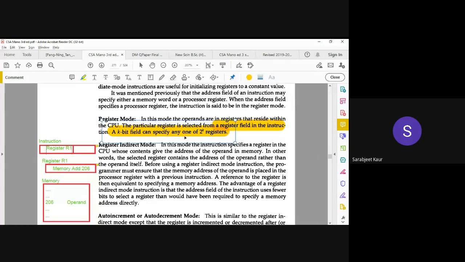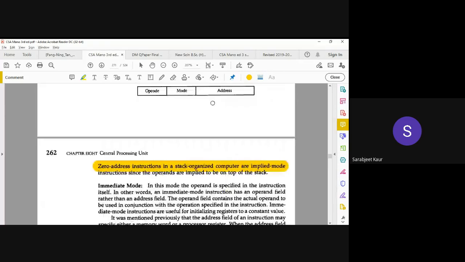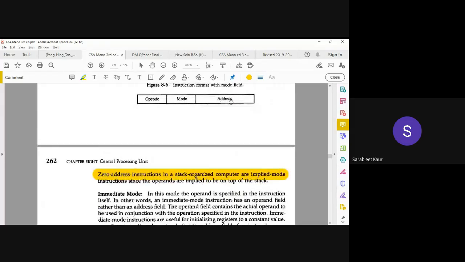This field that you see here is not required to specify a memory address, but instead the number of a register. For example, if I have multiple registers, let's say R1, R2, R3, R4, then the number of the register which will contain the operand is specified.